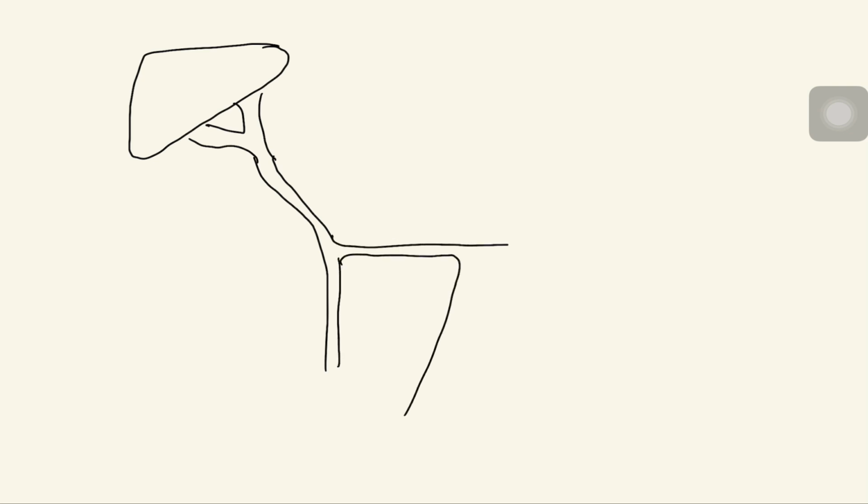This is the portal vein that is coming out from here. Superior mesenteric, inferior mesenteric, splenic, this is the colic vein, left colic vein, and inferior mesenteric continues as the superior rectal vein.